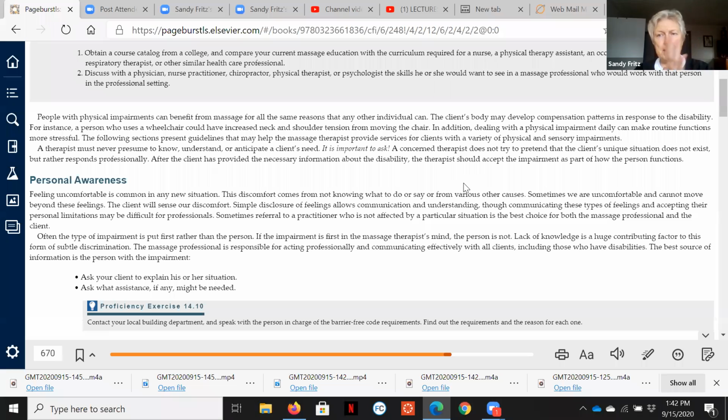And once you get past that and you are able to ask questions to help you do that, then you can get beyond seeing the disability, the dysfunction there. You can get beyond that and start to look for function, quality of life, how this person has adapted, all of that.